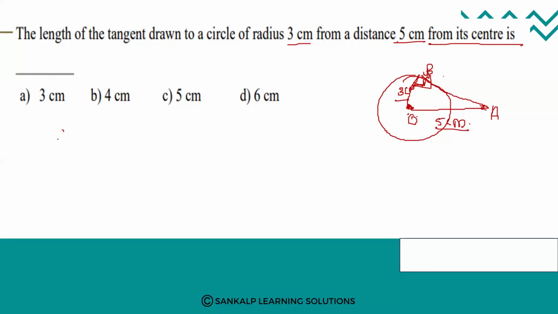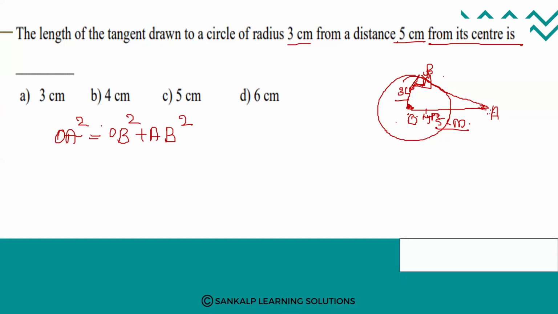Now, by using Pythagoras theorem, since this is 90-degree, this is the hypotenuse, right? So hypotenuse square, that is OA square is equal to OB square plus AB square.